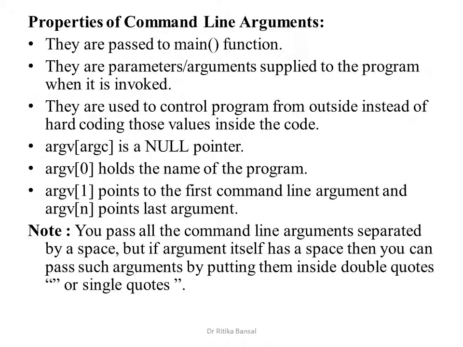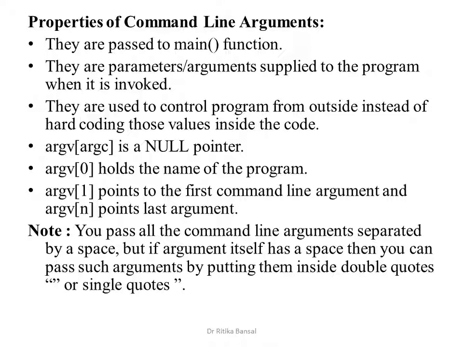In this slide, we will discuss a few properties of command line arguments, that they are passed to the main function. We have already discussed that it is invoked when the program is executed from the command prompt, and we can control the program from outside the program, rather than hard coding it. And argv indexing starts from 0, 1 and goes till argc minus 1, and at index argc it holds the null pointer.